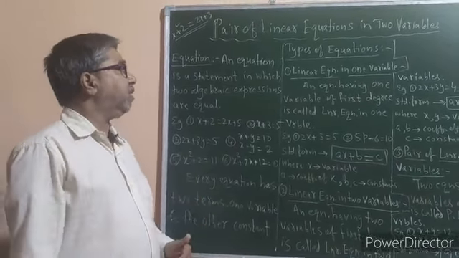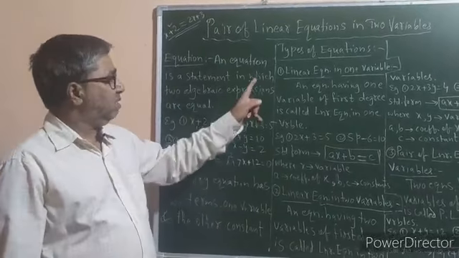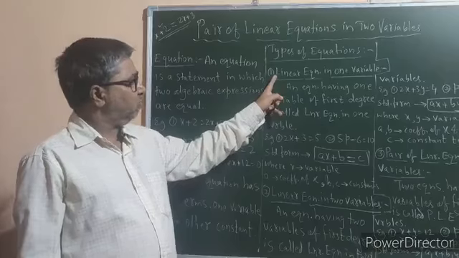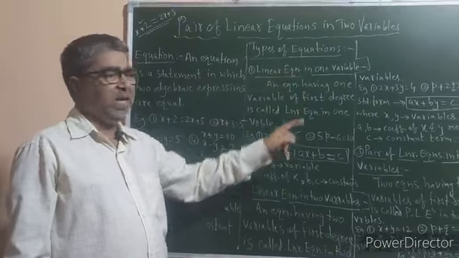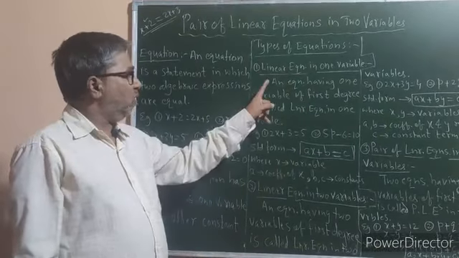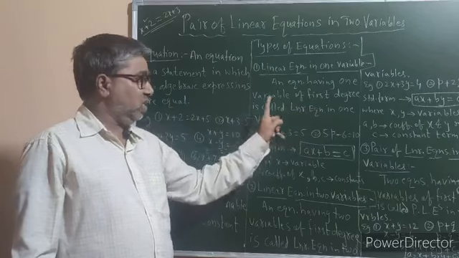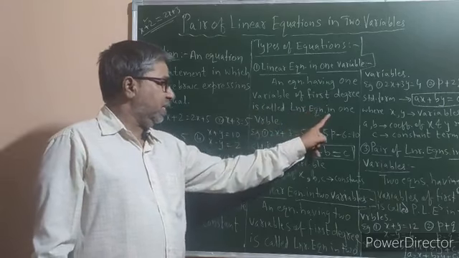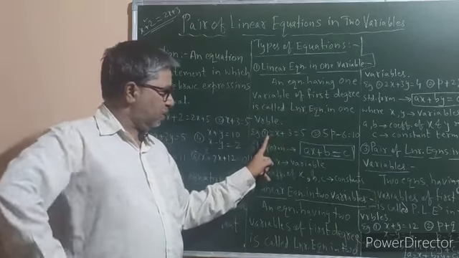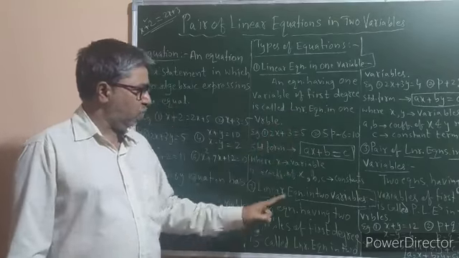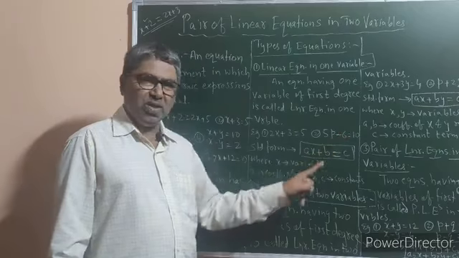Now what are the different types of equations? The first type of equation is linear equation in one variable. How will you define? An equation having one variable of first degree is called linear equation in one variable. For example, 2x plus 3 is equal to 5, 5p minus 6 is equal to 10.